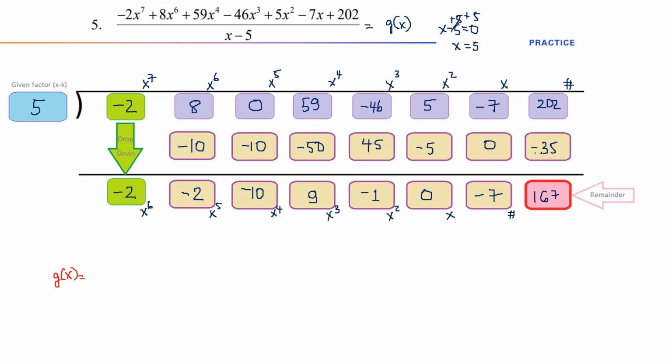So we rewrite it. Minus 2x to the 6 minus 2x to the 5 minus 10x to the 4 plus 9x cubed minus 1x squared, 0 we skip, minus 7 and then the remainder 167 over x minus 5.